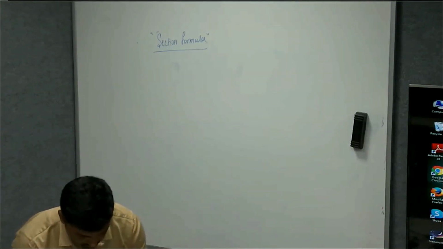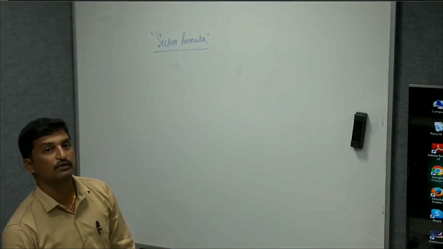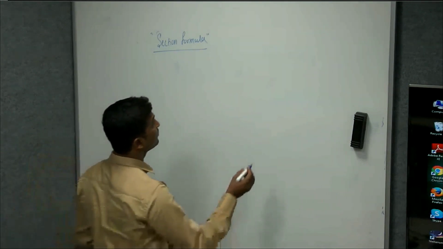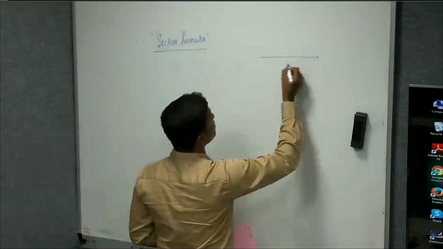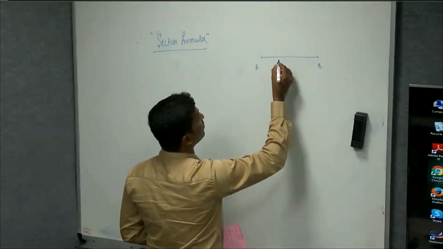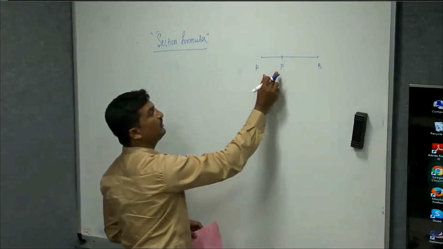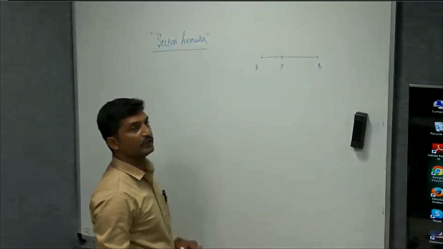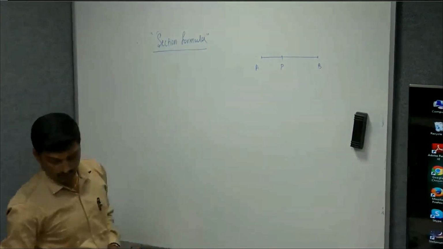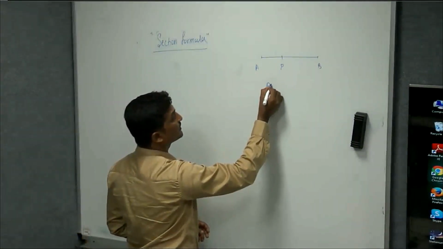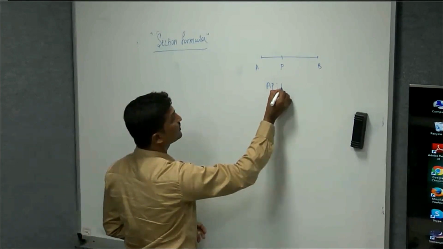Okay. Now section formula. You already know what section formula means. Let us take a line segment AB. Now if you mark any point somewhere here, point P, this point P divides this line AB into two parts, right? So when you want to compare these two parts, that is AP is to PB.